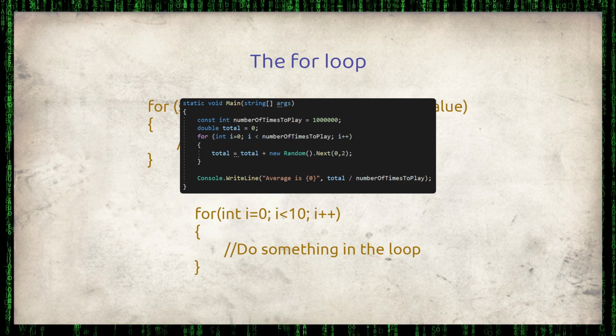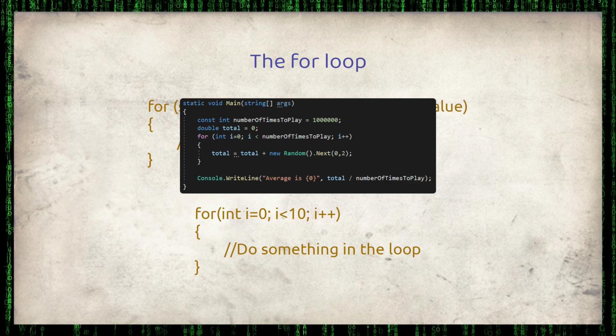That's normal maths averages like you used to do at school, and it should be in the vicinity of 0.5. It's very possible it could be 0.9, but the chances are it's going to be in the vicinity of 0.5. So this is an example of where we use a loop.